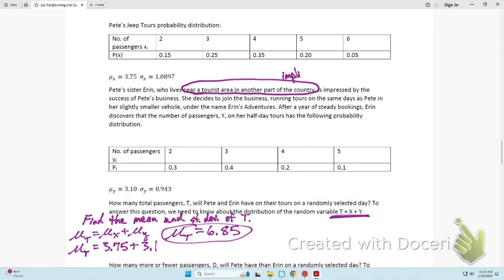Implies independence. So for standard deviation, Pete and Erin's passengers are independent.